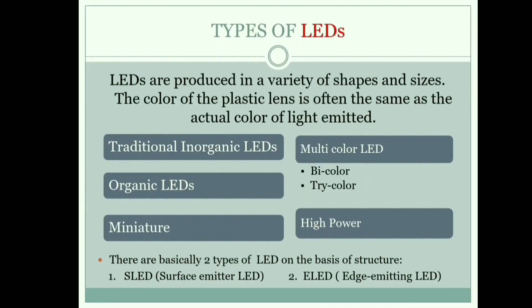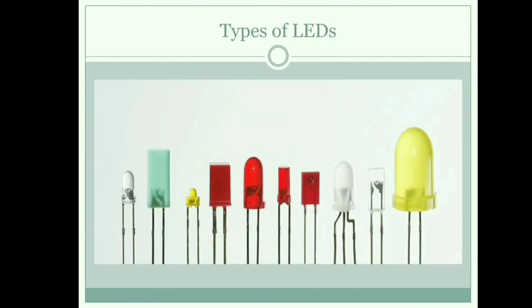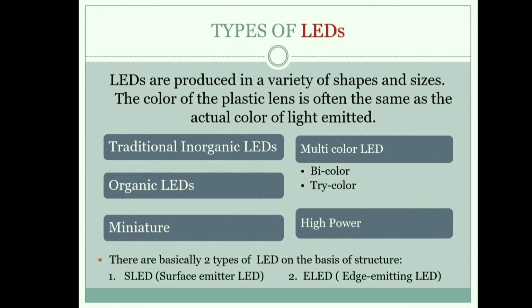Now let's move to the types of LEDs. As you can see in this diagram, there are different kinds of LEDs, varying in shapes and sizes. Mostly these plastic lenses are of the same color as the actual color of the light emitted.